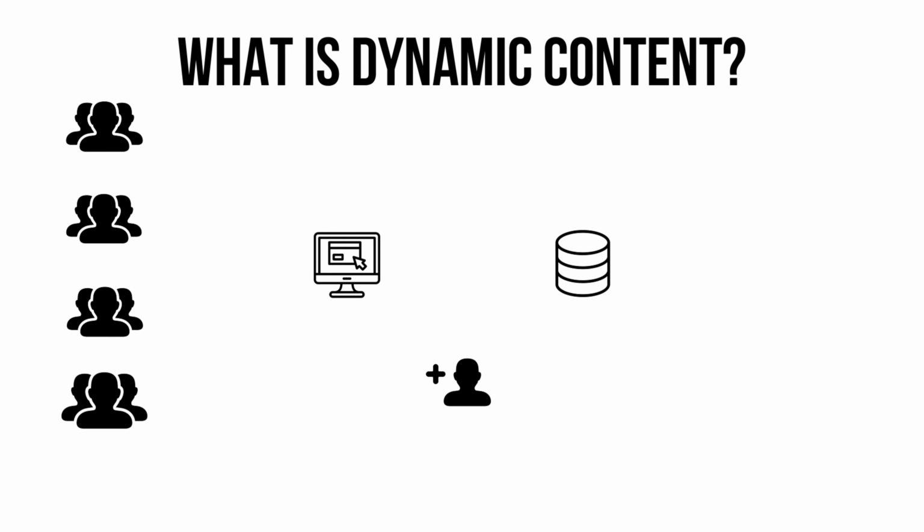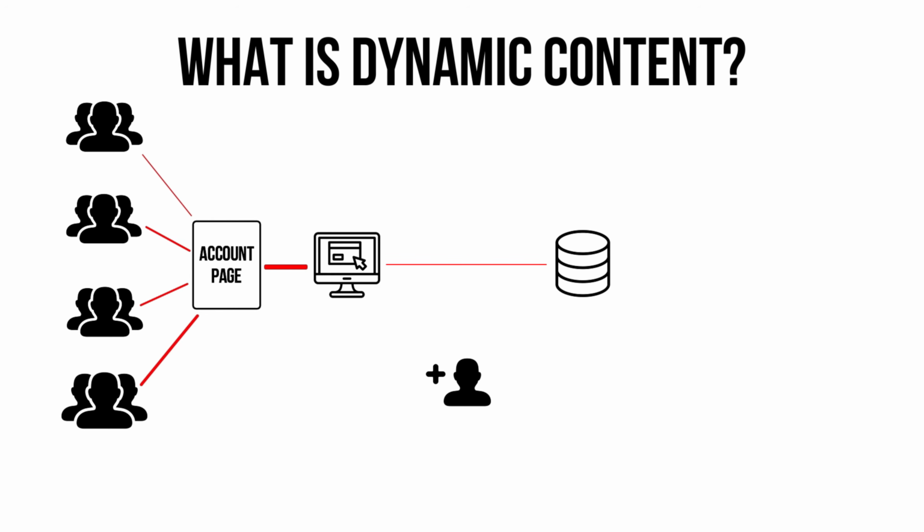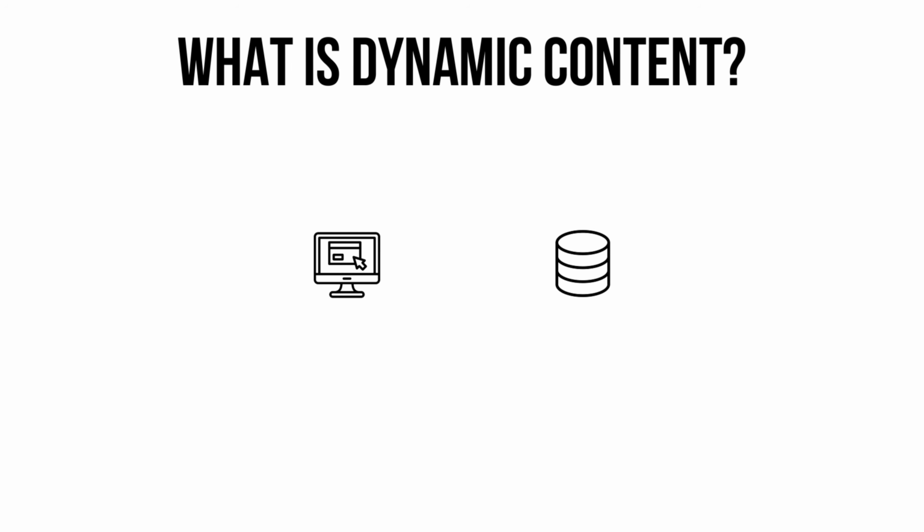If you use dynamic content, all you need to do is to create one page on your website and, using some code, you draw each individual customer's information from the database and display it on that page. The process of drawing out information from the database to be displayed on your web page is called displaying dynamic content. You wouldn't need to care much about this because WooCommerce has created a platform to help you draw that information from your database. But that's the general idea.